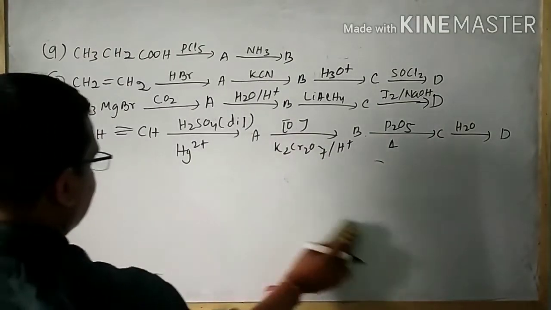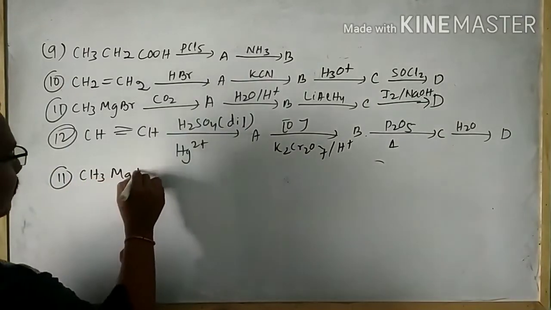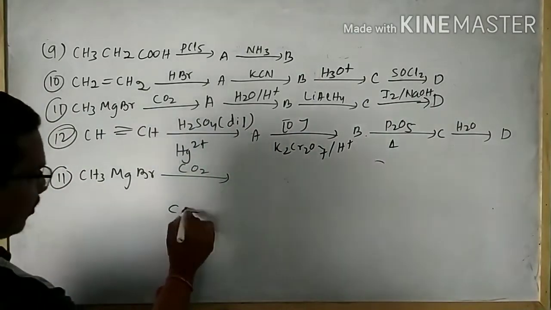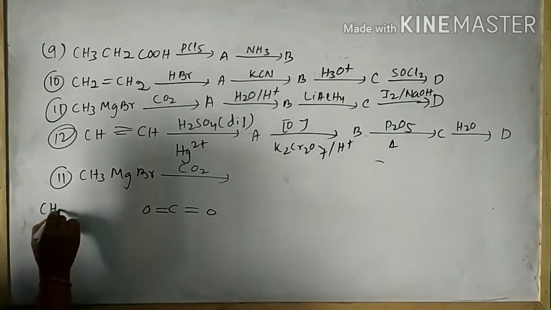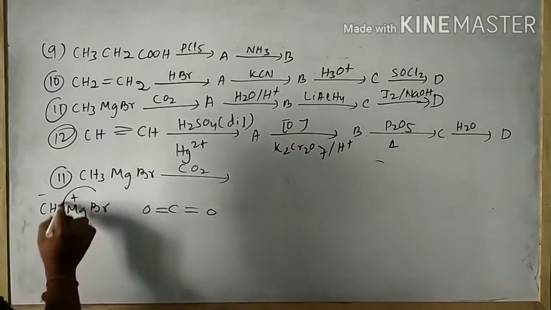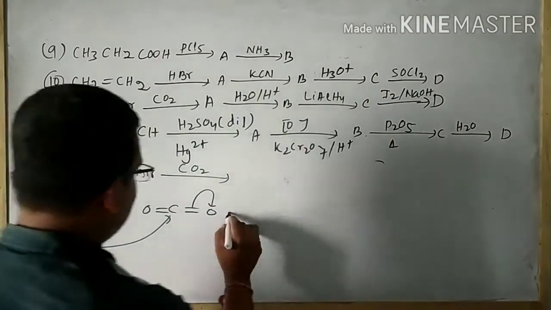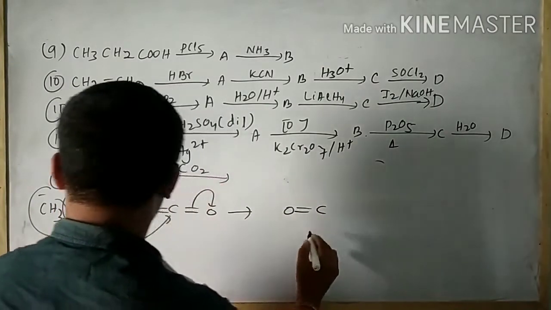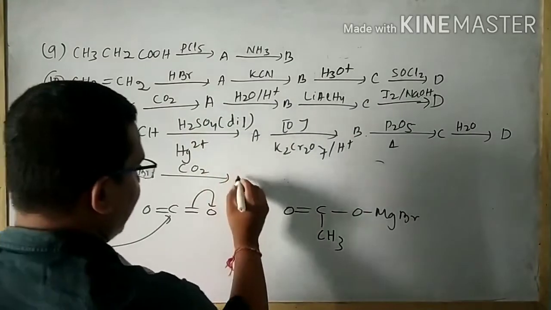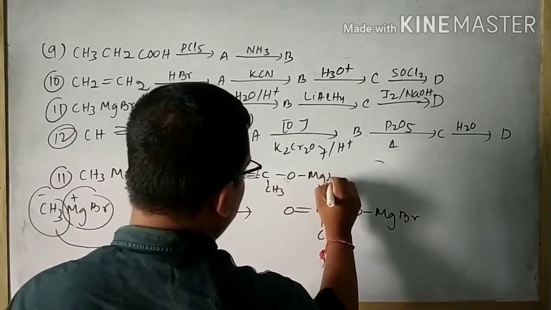Next I will do another question, that is CH3MgBr subjected to reaction with CO2, carbon dioxide. The structure of carbon dioxide is like this: CH3 minus MgBr plus. This part will attack here. As a result, one bond will break. It gives an addition product, that is CH3COOMgBr.